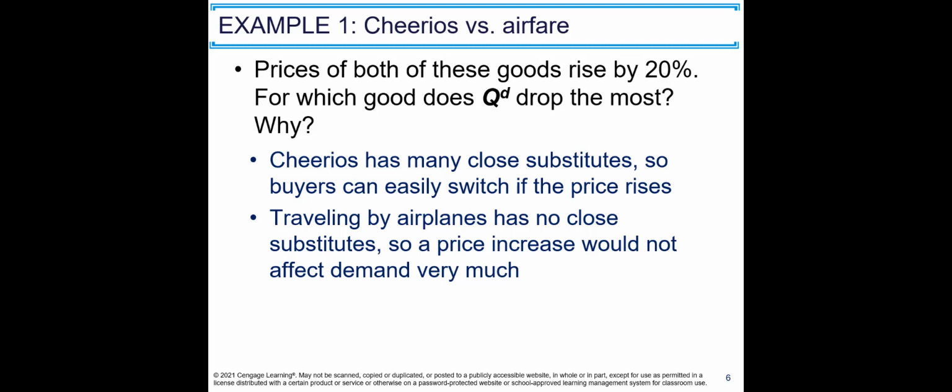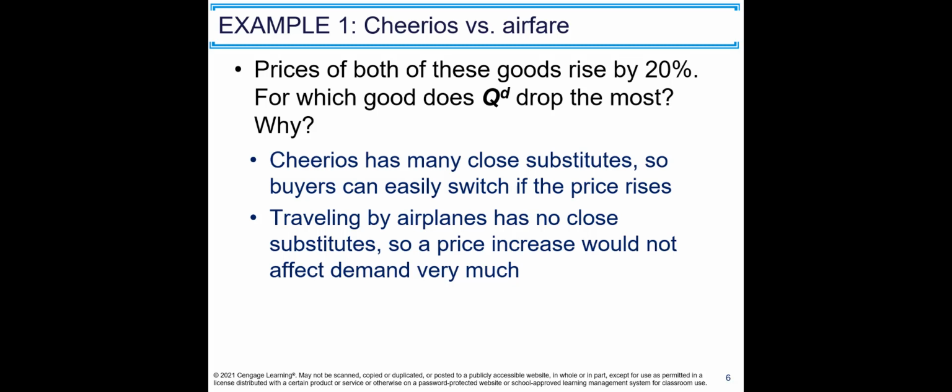So given this, when you think about availability of substitutes, if a good has more substitutes available, then that good's demand is price sensitive. So any small increases in price, you can substitute with another product. But if you don't have many substitutes, that means the demand for that product is actually not price sensitive.